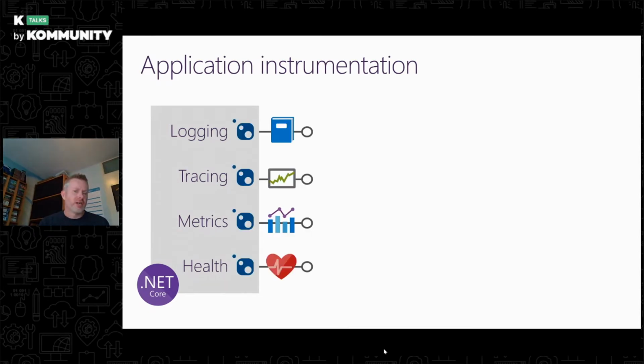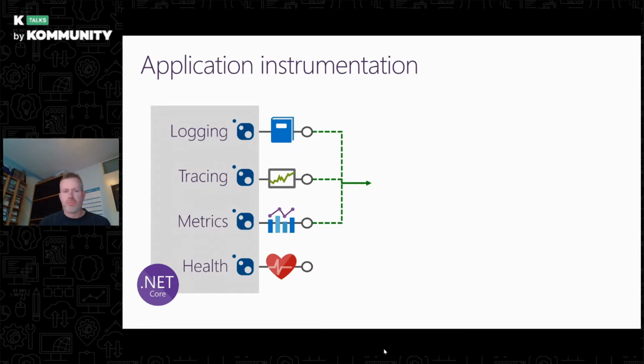For all of these, there's a variety of NuGet packages that are either .NET Standard or .NET Core or .NET 5 based. They will allow you to interact with the logging, tracing, metrics, and health information systems inside of your application.